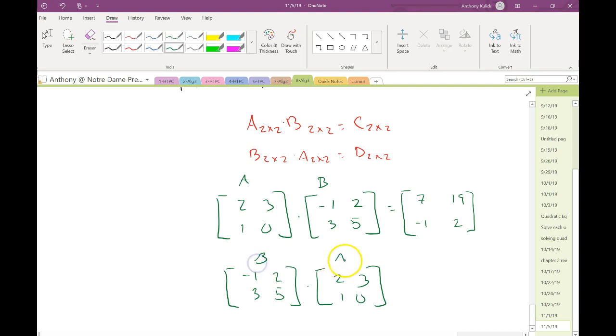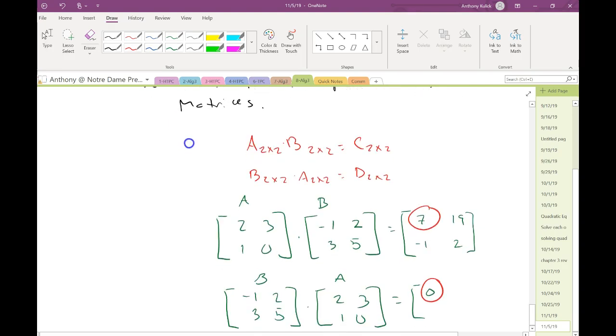So now we have B times A. When I multiply the first pieces together, I get negative 2 plus 2, that's 0. And at this point I can stop, right? Why can I stop right now? Already the first entries are not the same. So what can we say about this situation?